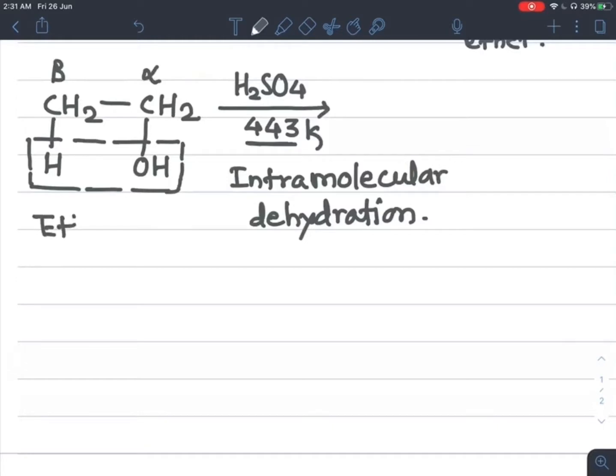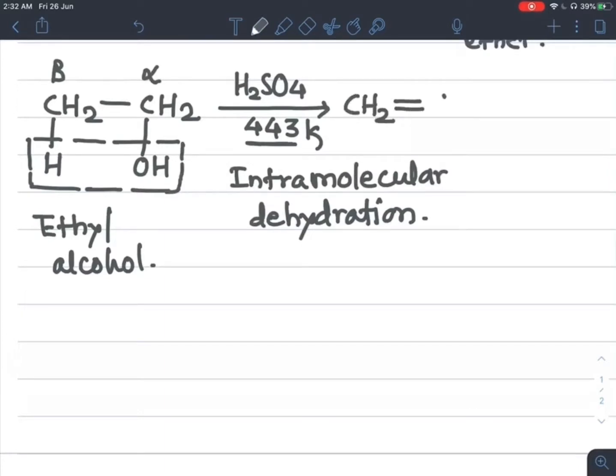This is the ethyl alcohol. Ethyl alcohol undergoes reaction with concentrated H2SO4 at 443 Kelvin. So what do we get as the product here? The remaining CH2 double bond CH2. The single bond is converted into a double bond to maintain the valency.